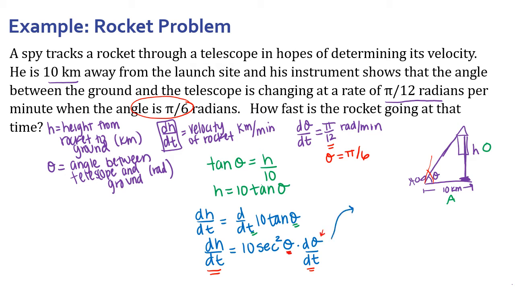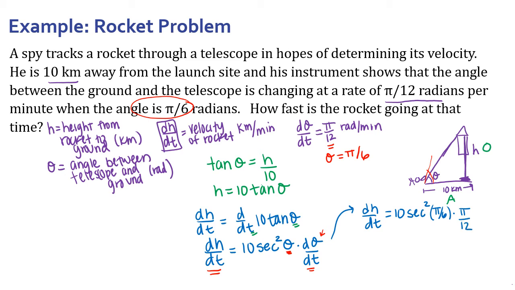So that's going to give me dH over dt equals 10 secant squared of pi over 6 times, I found that the derivative of theta with respect to time was pi over 12.